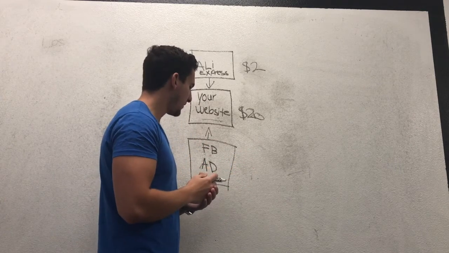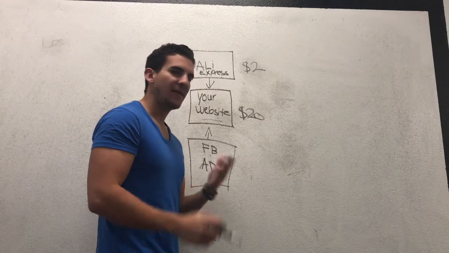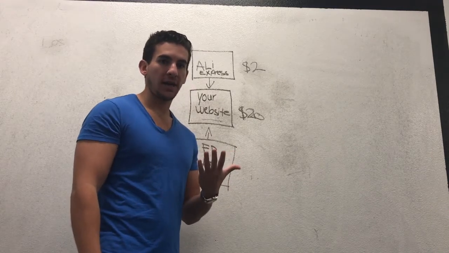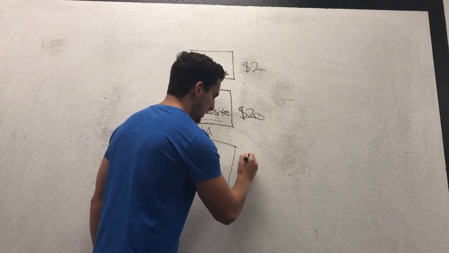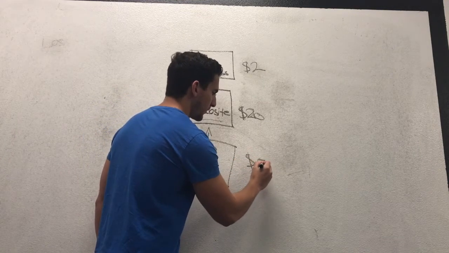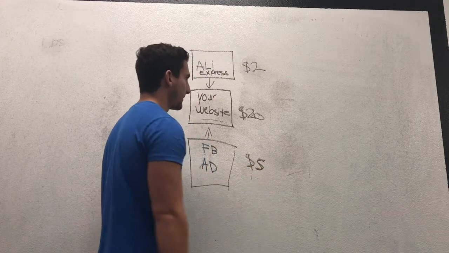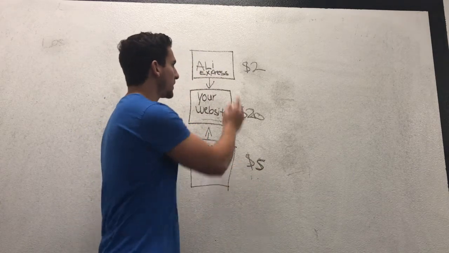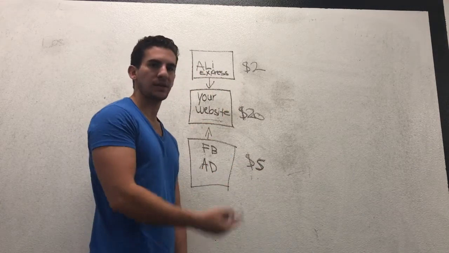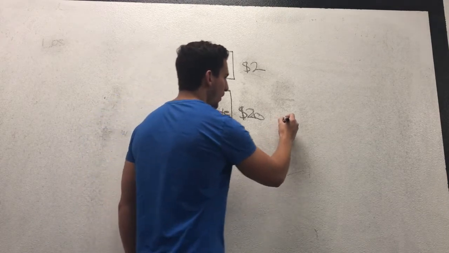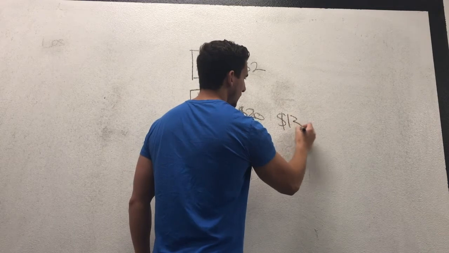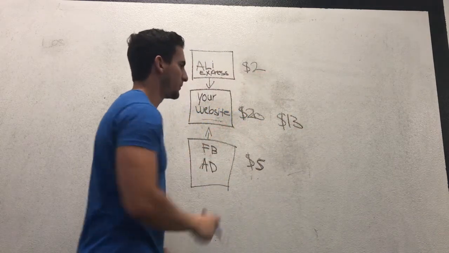So let's say for every $5 you spend on Facebook ad marketing, Facebook gets you a sale. So it costs you $5 to pay Facebook for a sale on your website. So 5 plus 2 is 7, minus 20 is 13. So it's a $13 profit you made from dropshipping.